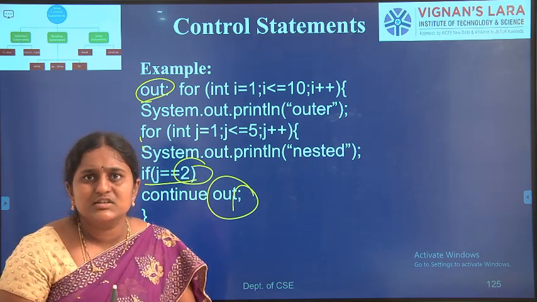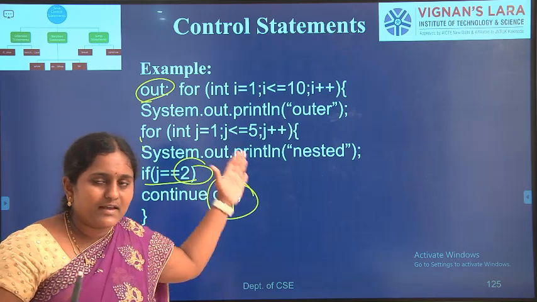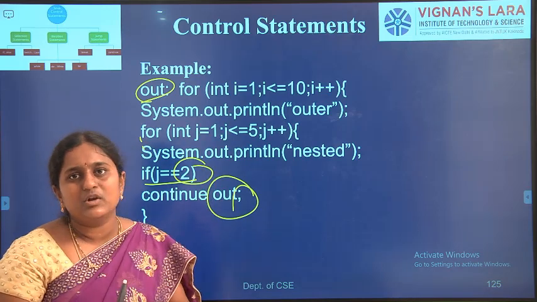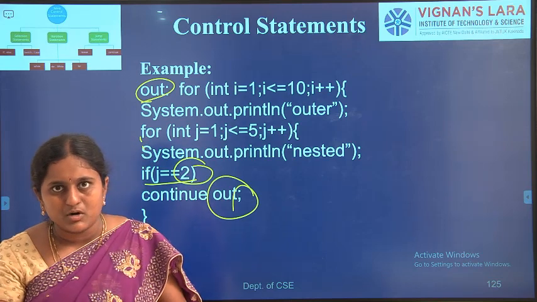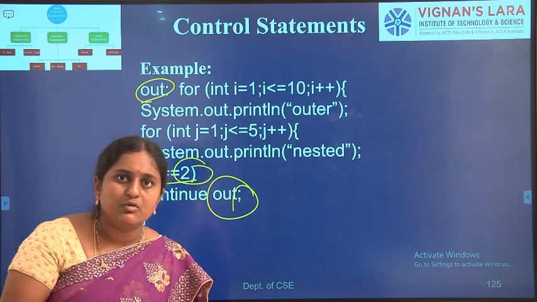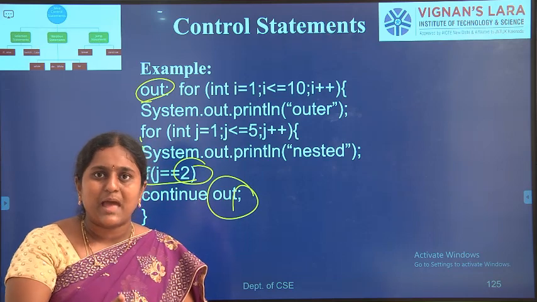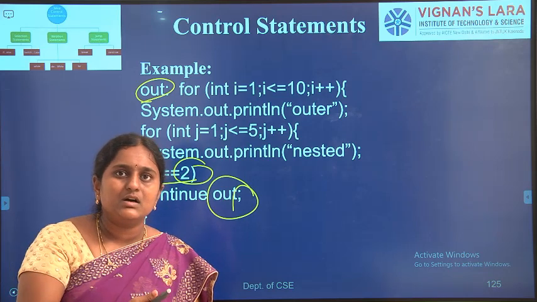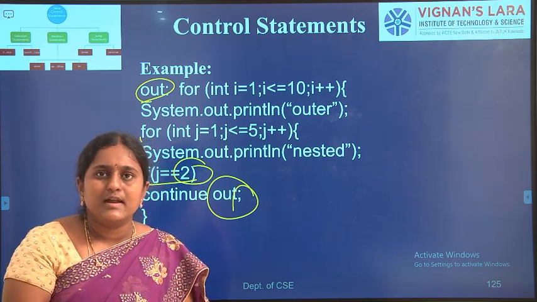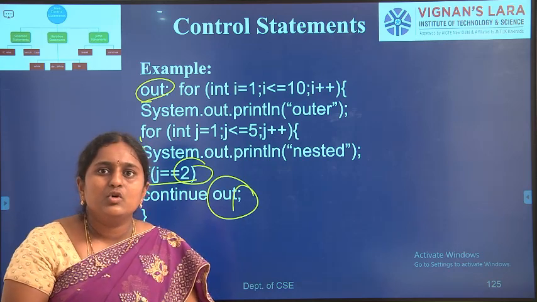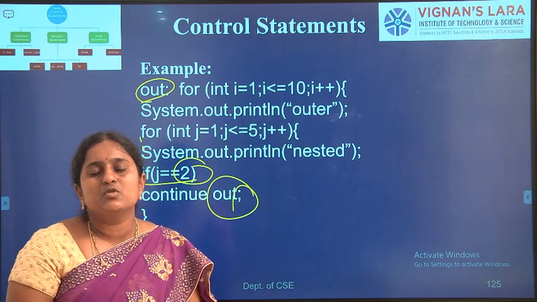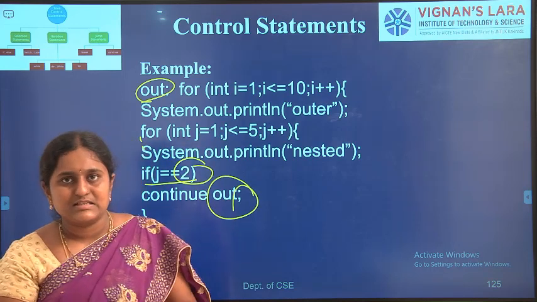You can execute these two programs, then only you can easily understand what is labeled and what is unlabeled. If I am applying the out keyword, what will happen? What is the output I am getting? And if I am not applying the out keyword at the beginning of the for loop, what is the output I am getting? You can execute these programs, then only you can easily understand.